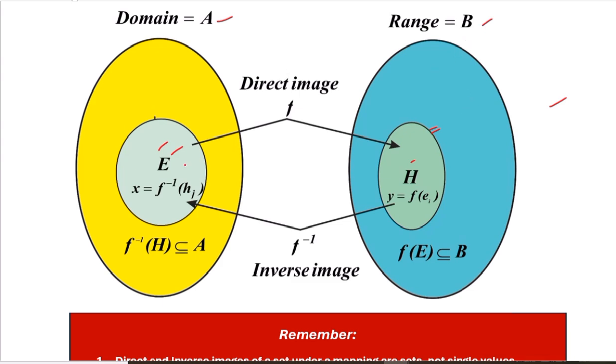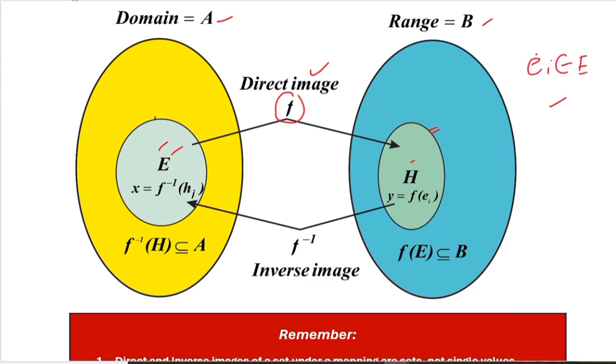Now let us apply the direct image. Now we want to find the direct image. So we apply the mapping f over the elements of E. Suppose the elements of E are of the form e_i.